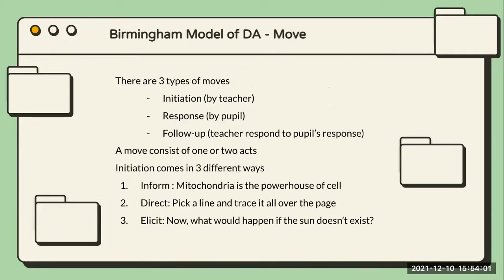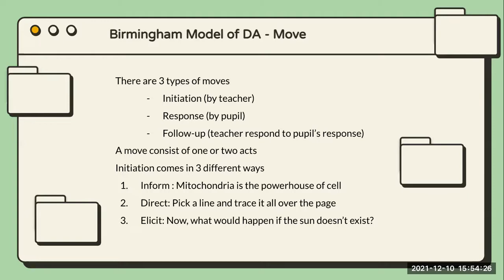Now we're going to talk about move. There are three types of moves: initiation by the teacher, then response by the pupil, and the last one is follow-up by the teacher responding to the pupil's response. And a move consists of one or two acts. The initiation comes in three different ways.